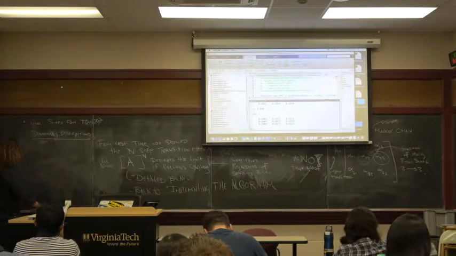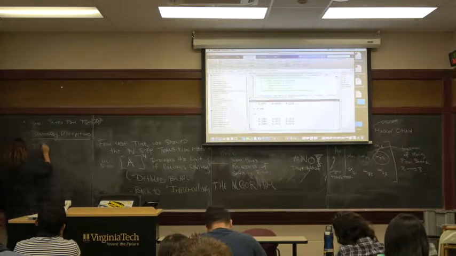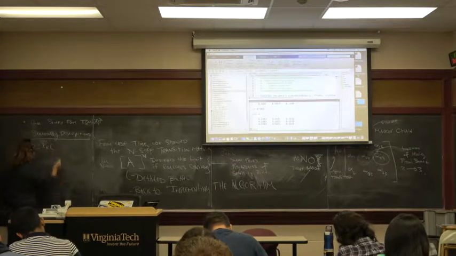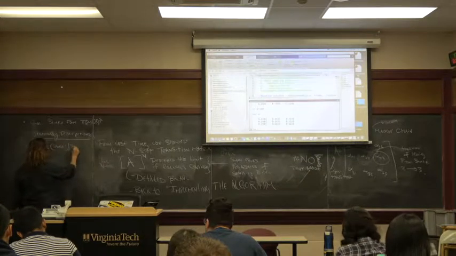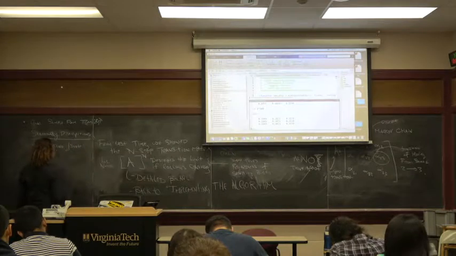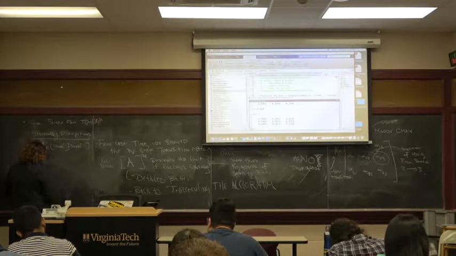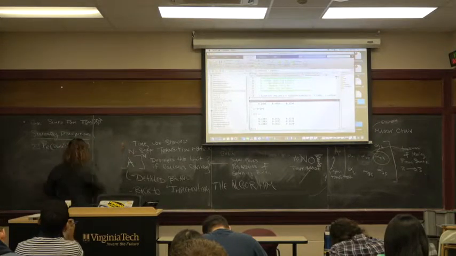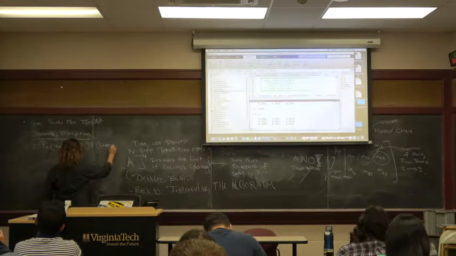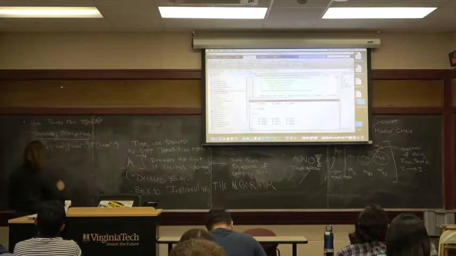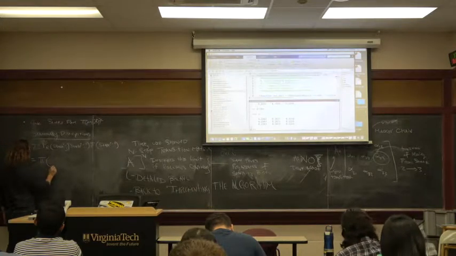They're defined by this: the sum over I of the probability of state J given state I, times the probability of being in state I, is going to be equal to the probability of being in state J.